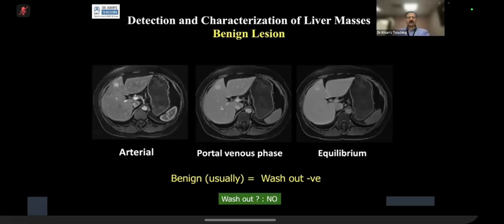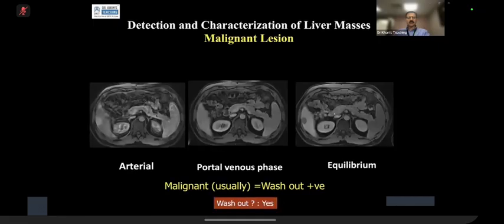On the other hand, if the lesion does not wash out, look here, it is enhancing, and in the venous phase it is still enhancing, still retaining contrast, then it is a good sign, a benign lesion. On the other hand, a malignant lesion, look at this, this is a metastasis, arterially enhancing, then even here you look carefully, it has shown some washout, and here the washout is very clearly seen.